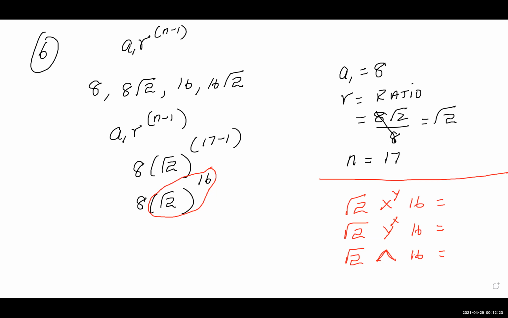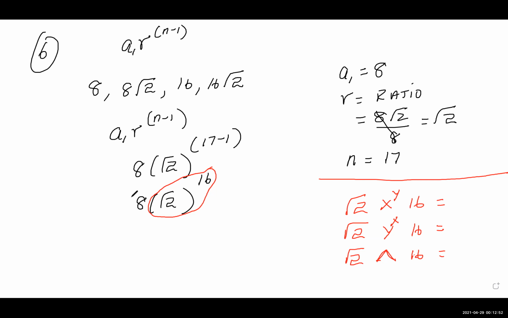All right. Now back. So if I put square root of 2 in my calculator, and I put x power of y, 16, I get, okay, I may be wrong, but hold on. 2 shift square root x power of y, 16.